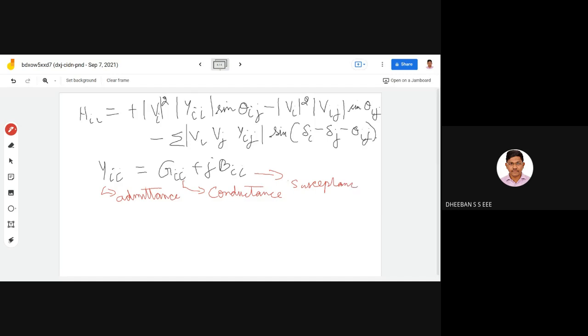This is regarding your magnetic circuits; susceptance is based upon magnetism. So the real part corresponds to your conductance, and the imaginary part corresponds to your susceptance.